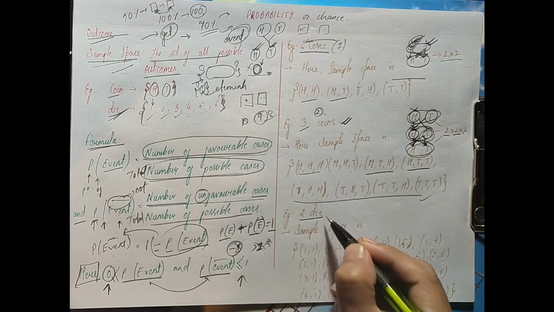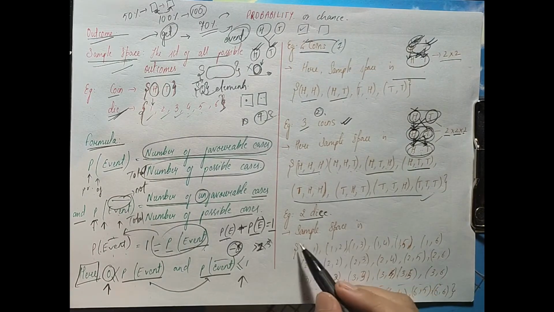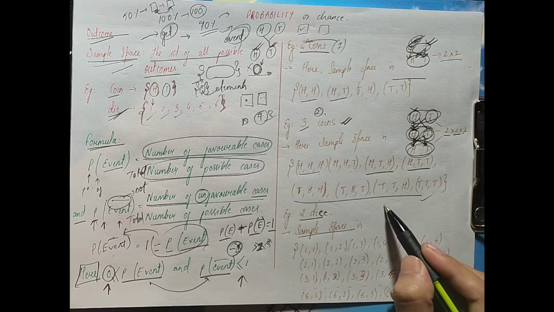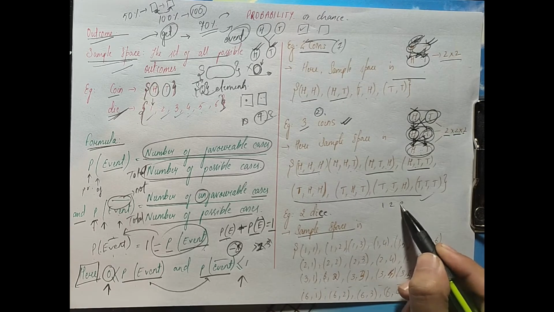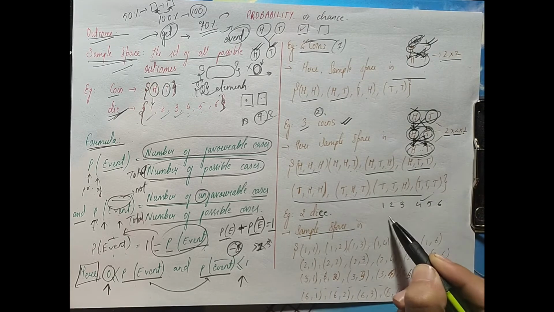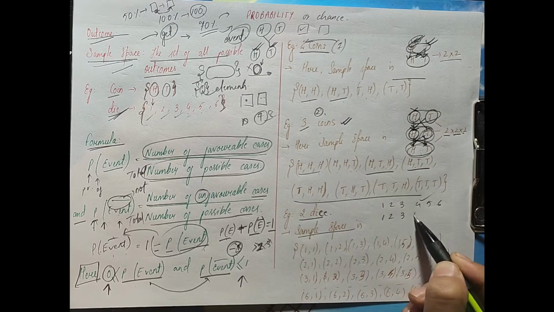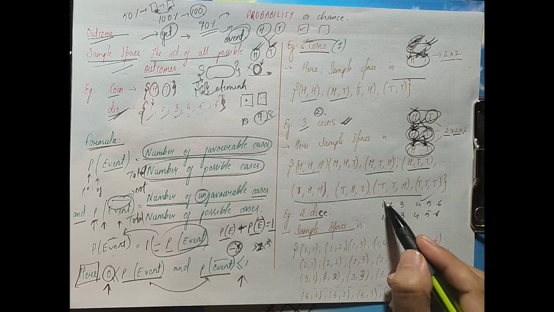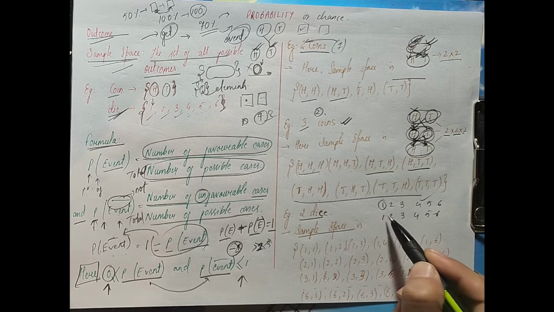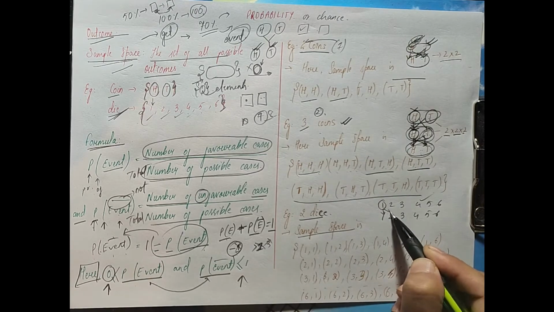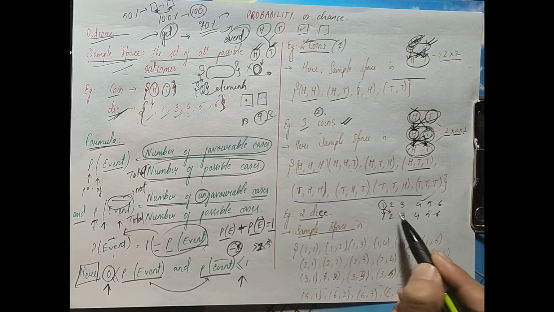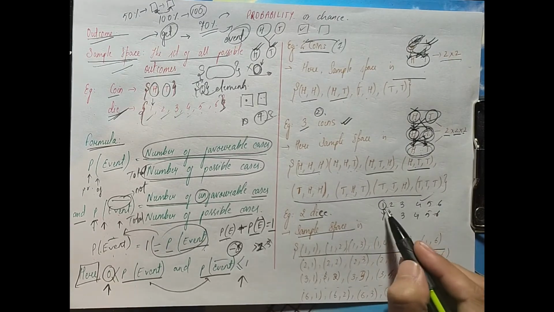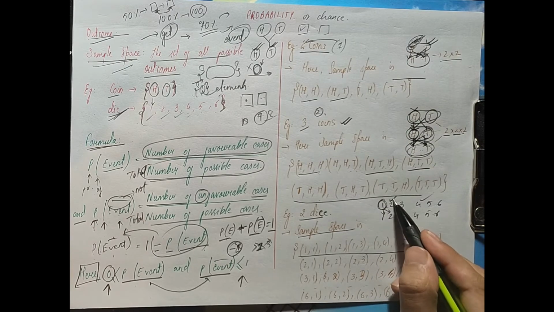In case we have 2 dice, the sample space will be drawn similarly. So 2 dice means in the first one you have 1 2 3 4 5 6, the second one 1 2 3 4 5 6. We're going to do the same thing as we did with the coin. First of all, we take this to be our constant and merge with each one of them. So 1 1, 1 2, 1 3, 1 4, 1 5, 1 6. Since we're done with this one, we'll take the next one.